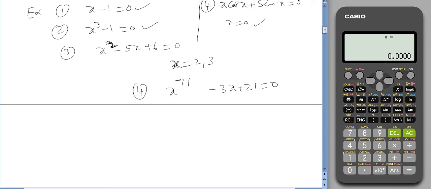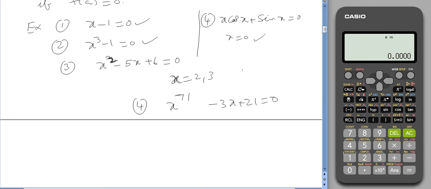In a similar way, just for understanding, tan x equals 1. If you put x equals pi by 4, this is equal to 1. Now 3 pi by 4, 1, 5 pi by 4, 1.